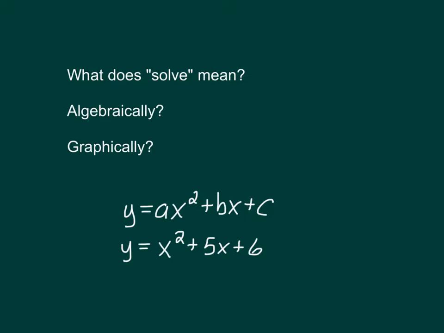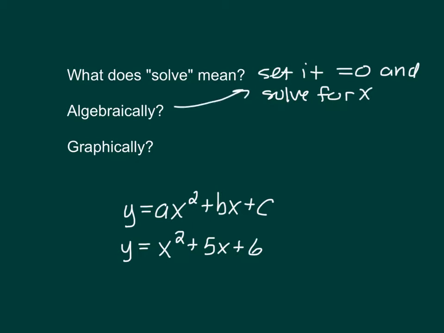If you're given this equation, solve means set it equal to 0 and solve for x. Okay, that's the algebraic definition. If I ask you to solve a quadratic, it means take x squared plus 5x plus 6, set it equal to 0. Solve for x, which you could solve by factoring or any number of other methods.